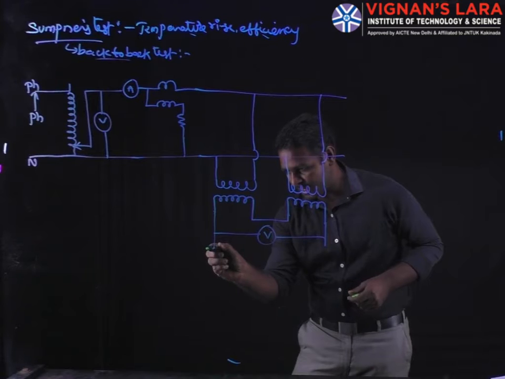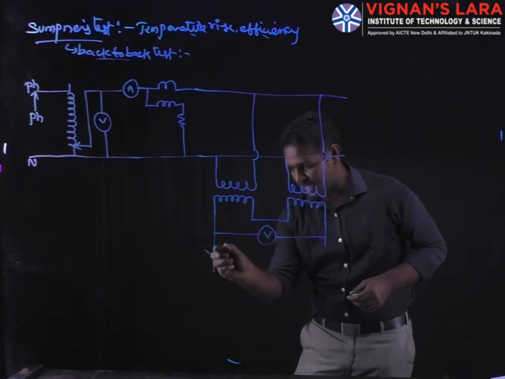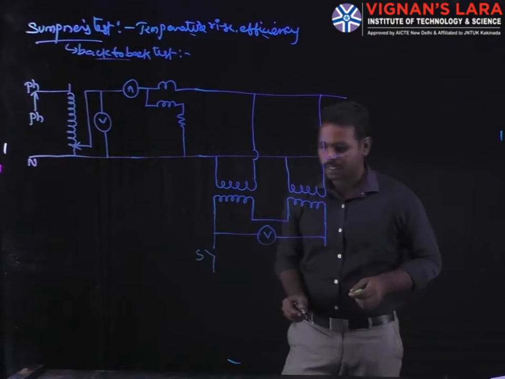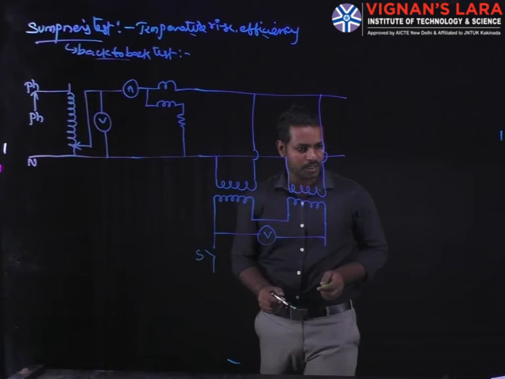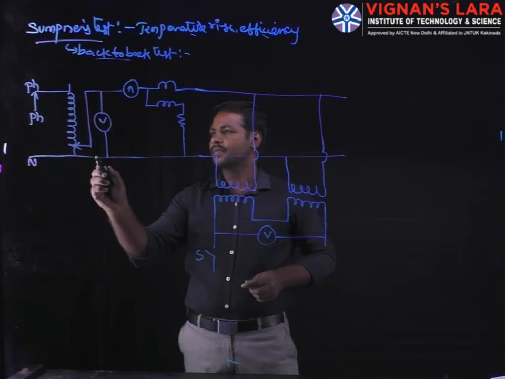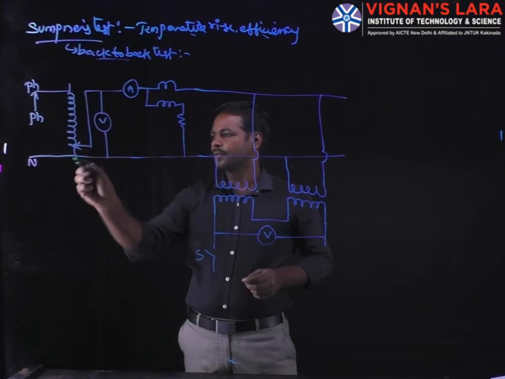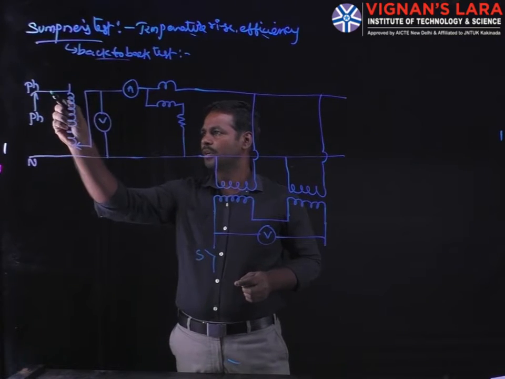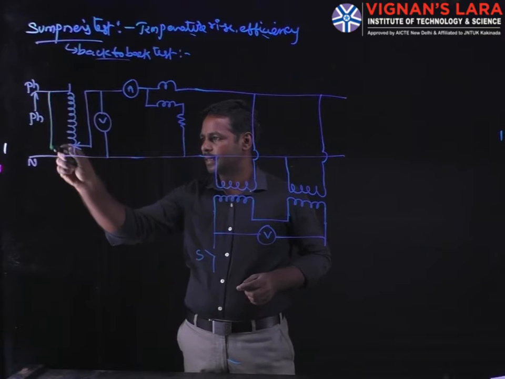To operate the secondaries of the transformers, they are connected across a switch. Another pair is these two terminals, which are also plus and minus.